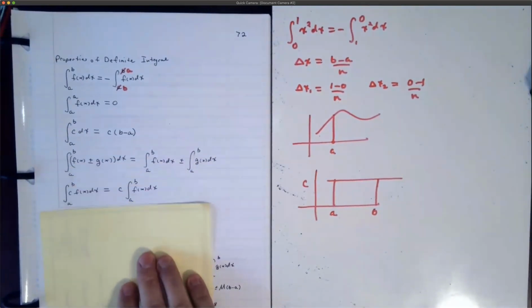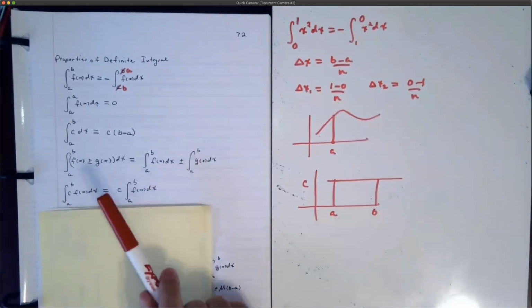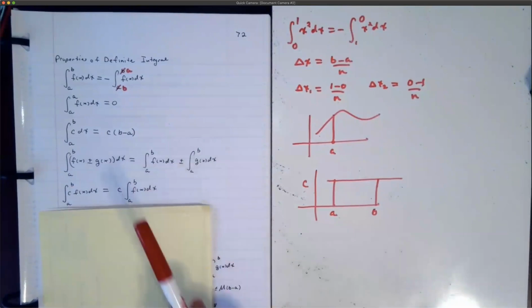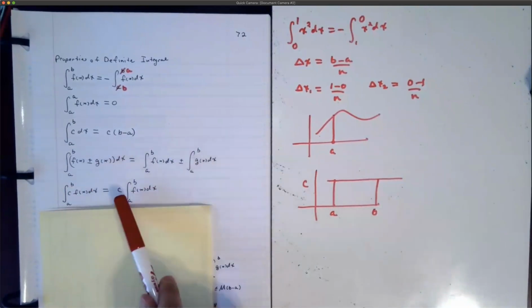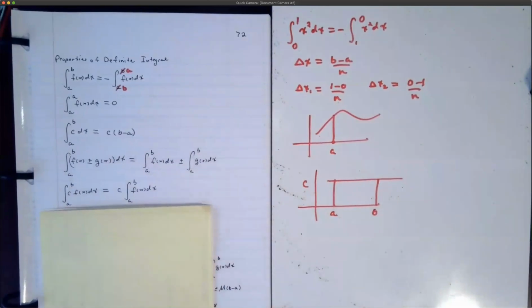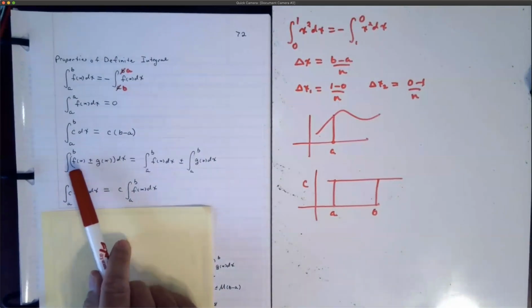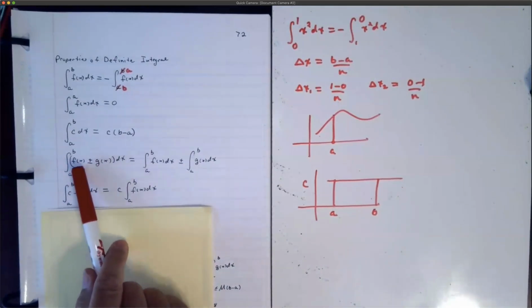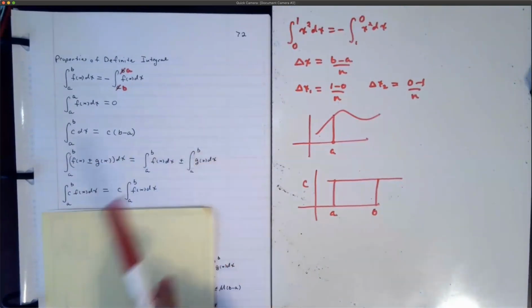All right, so the definite integral is linear. Linear is a very important concept in math, and what it means is it plays nicely with plus and minus signs and constant multiples. So if you have to take the definite integral of the sum of two functions, you can just work on them separately and then add their answers.